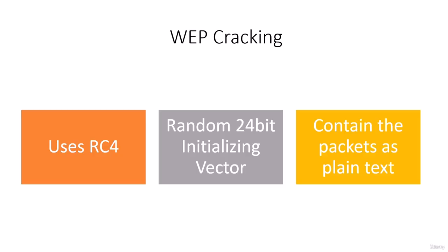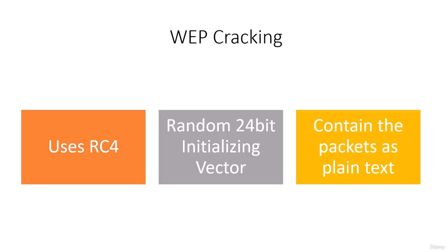In a busy network, we are going to have a very large number of packets, so the possibilities of unique IVs will be exhausted, and then we will be able to sniff all those packets and collect the ones that have the same initialization vector.